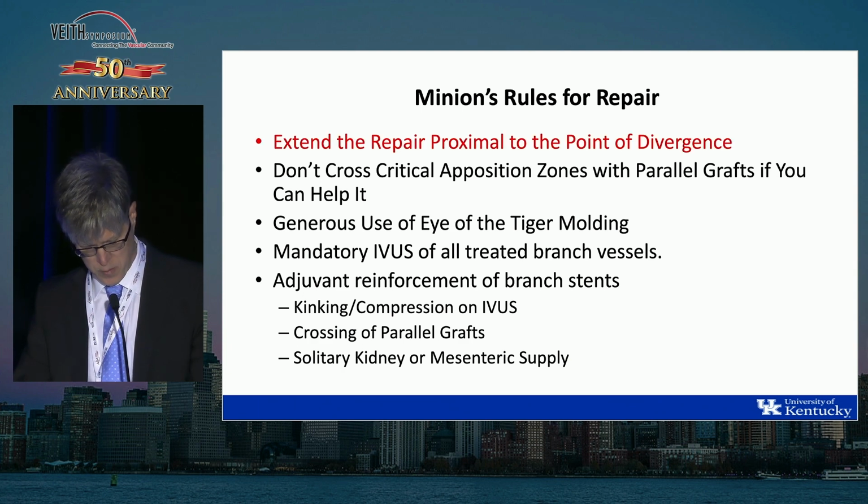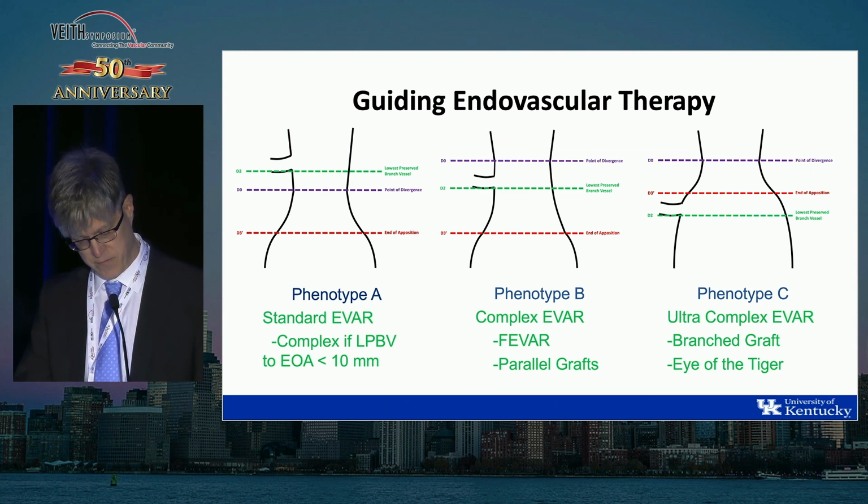The other important rule that I will mention is that I try to avoid crossing apposition zones with parallel endografts because that removes an important defense against gutter leaks, which is why parallel grafts probably have their most value in phenotype B anatomy, because it allows you to extend the repair proximal to the point of divergence with minimal risk of gutter leak since you do not have to cross the apposition zones as in phenotype C.